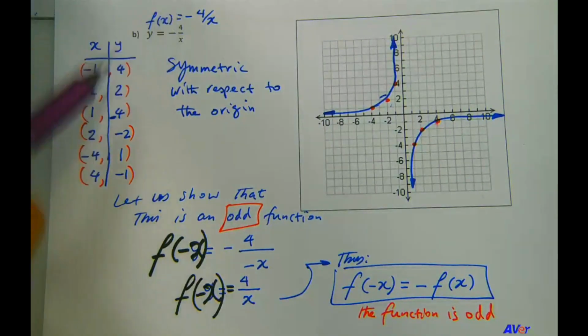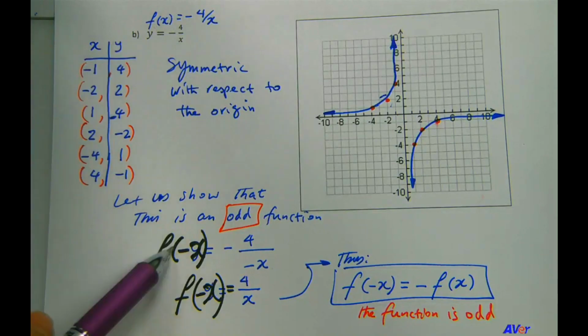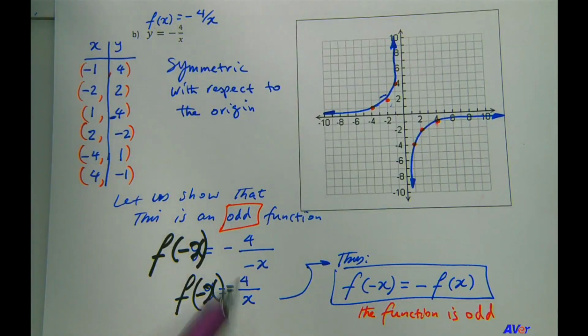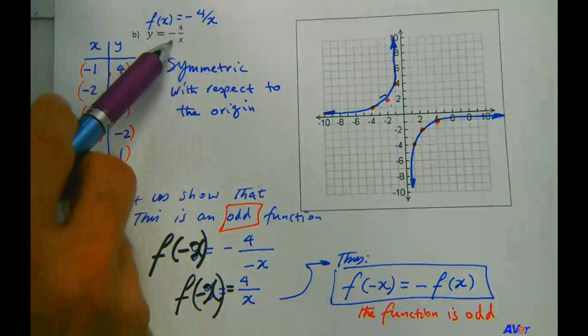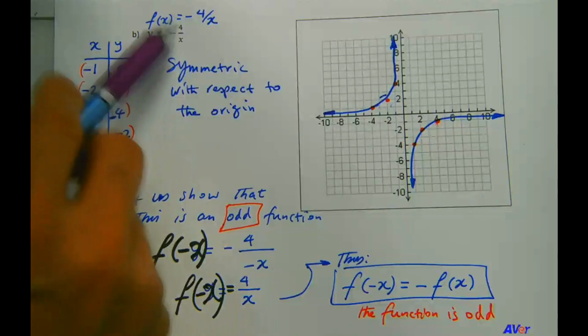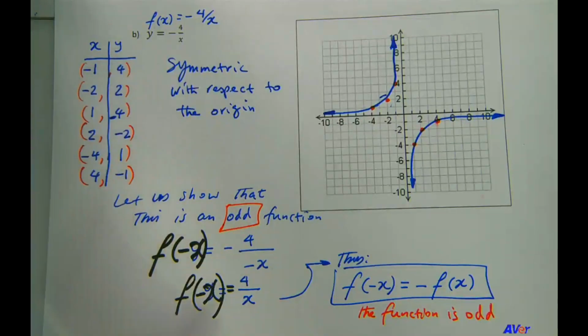We replaced the x with negative x here. What did we end up with? 4 over x. But 4 over x is minus 1 times minus 4 over x. So if you multiply minus 4 over x by minus 1, you get 4 over x, which is the result of replacing x with negative x.